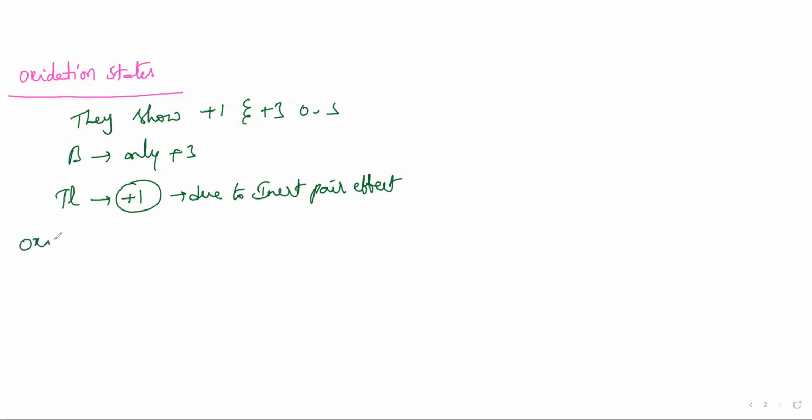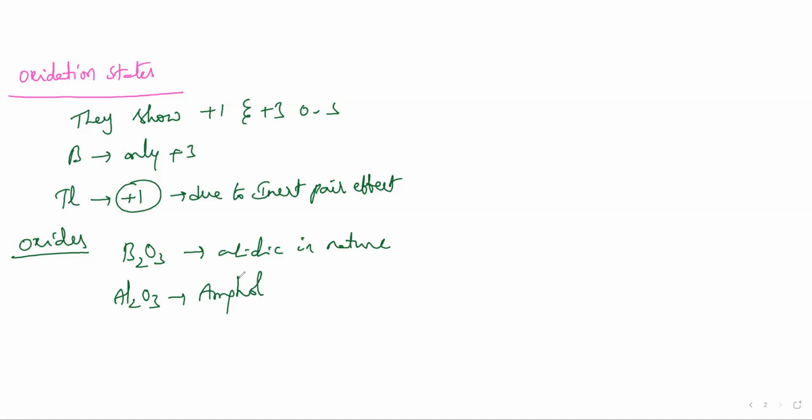Next, oxides. If you take oxide of boron, B2O3, it is acidic in nature. Whereas Al2O3 is amphoteric.